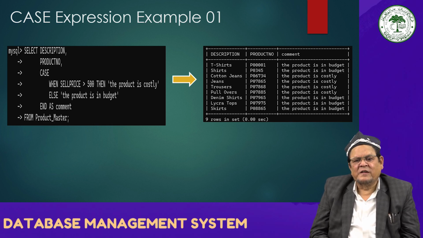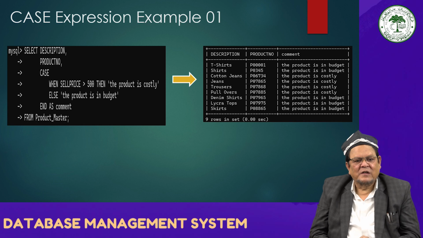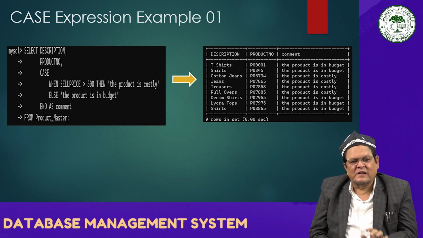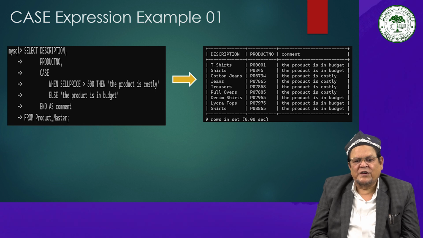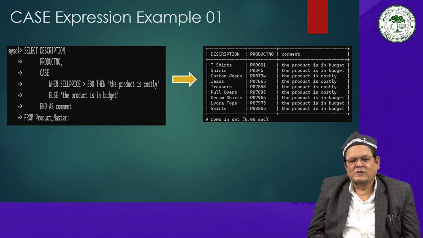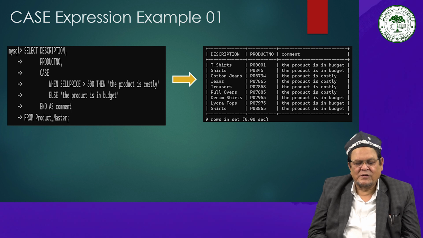Description T-shirt, product number P001: the product is in budget, meaning the sale price is less than 500. Cotton jeans, product number 704: the product is costly. Jeans, costly. Trouser, costly.